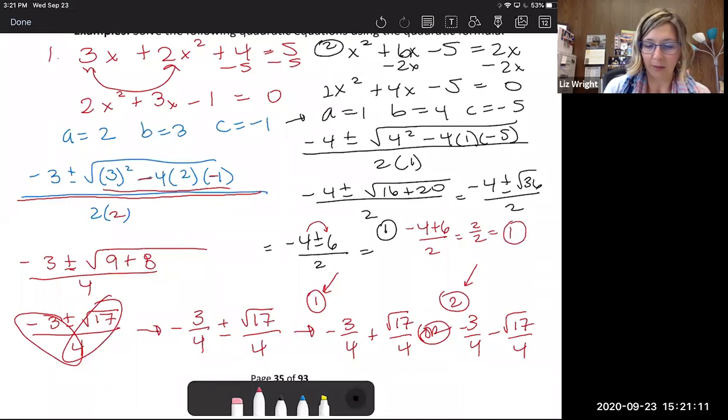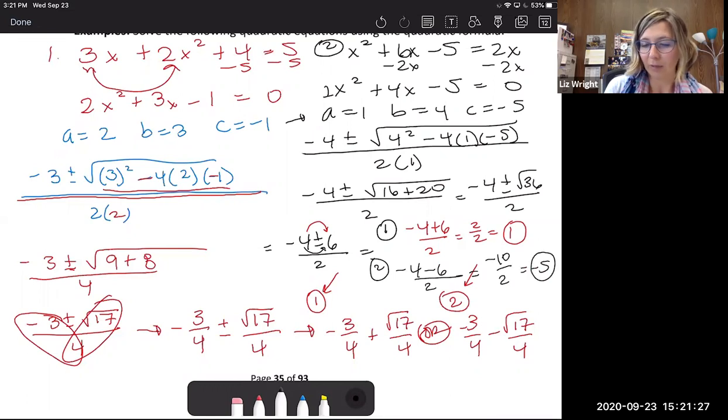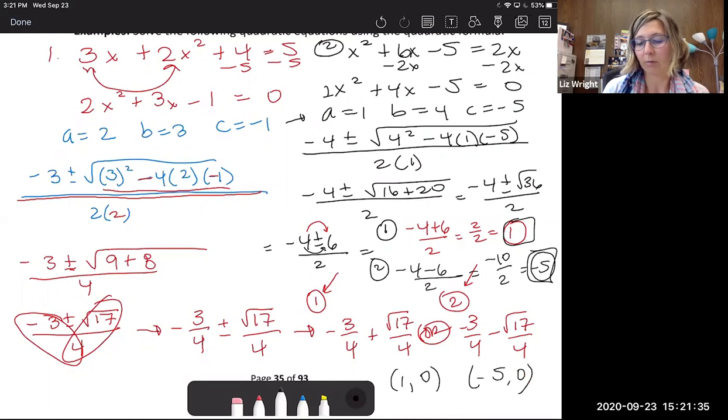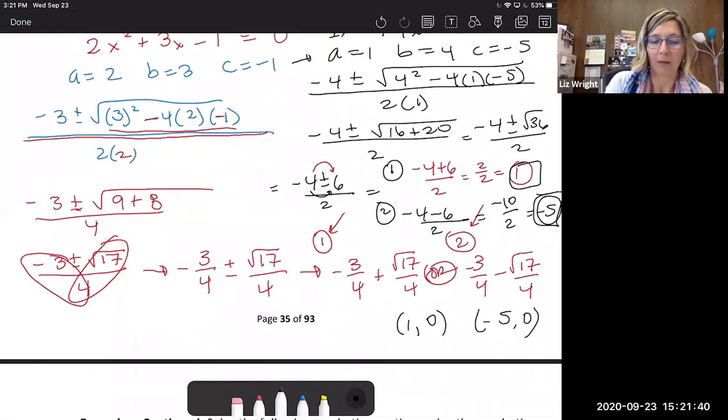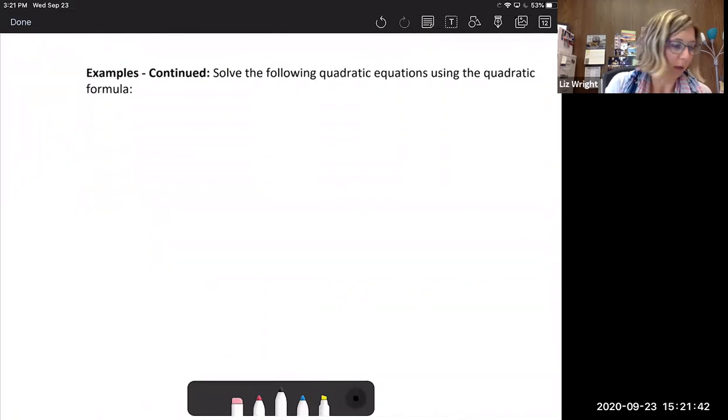My other answer is going to be following this negative route here, and it's going to be -4 minus 6 all over 2, which is going to give me negative 10 over 2, which gives me negative 5. So my two answers, I would have 1 and negative 5. And again, if I was graphing that, that would be 1, 0 and negative 5, 0. So again, that's coming. We just haven't done that yet. So we're going to do some more.